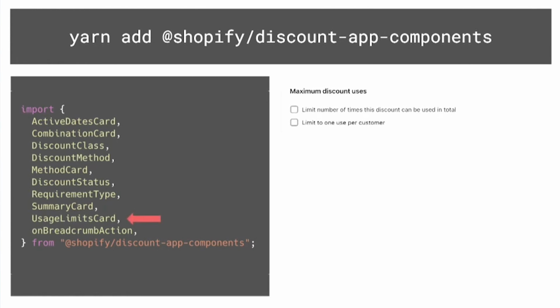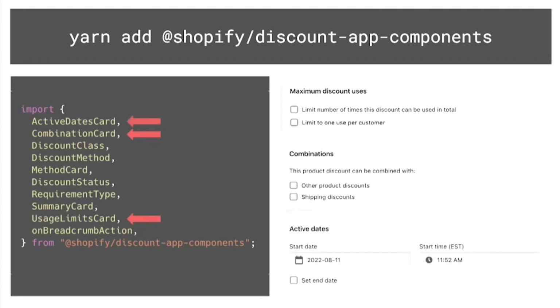So for instance, you can see here the usage limits card, which includes, maybe you want to limit how many times someone can use this discount. And the second one is, can this be combined with shipping or with payment methods? And lastly, you want to specify when this discount is enabled. Say you want it from the beginning of October to the end of October. You can do that.